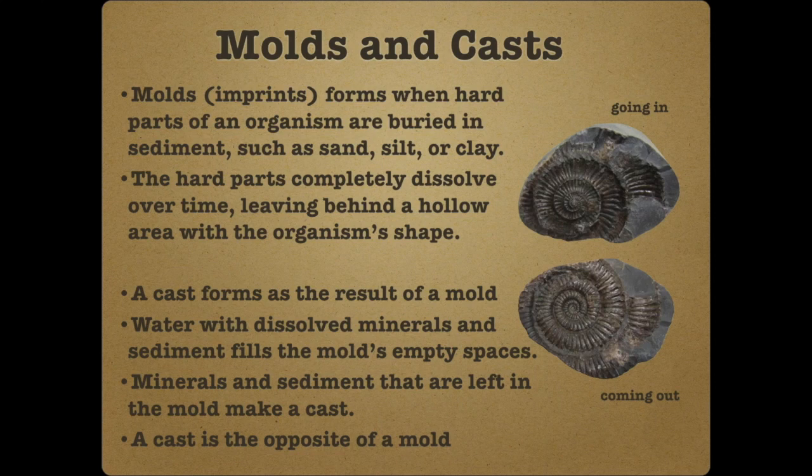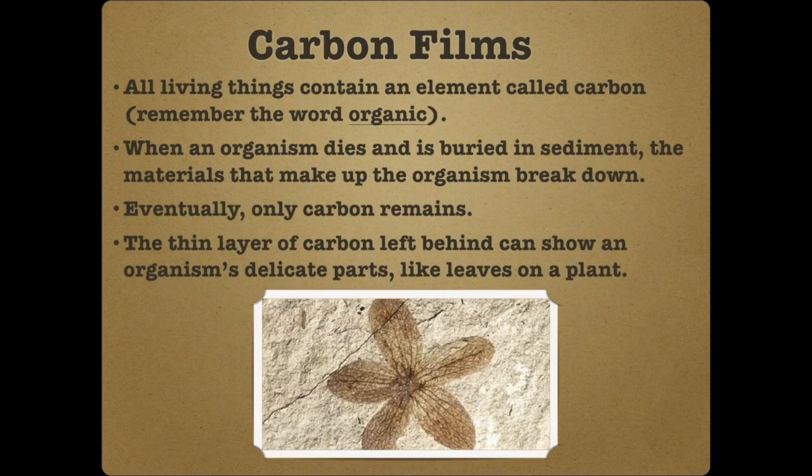So you have the mold, which is what the original organism made, and it's the imprint. And then when minerals fill that mold or imprint, that forms a cast. Carbon films. Basically, when you have an organism, like a plant or animal, usually a smaller thing, when you have the sediment squishing down on it, usually what's left behind is carbon.